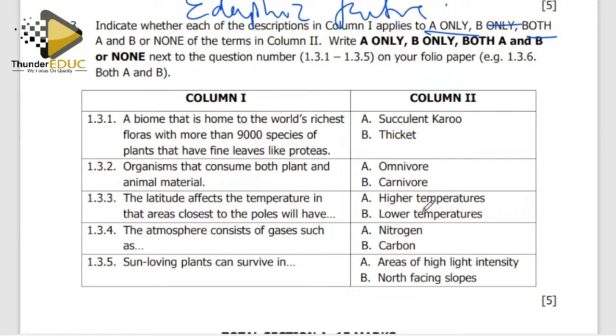So how do we call that biome? They're saying protea, so it's none of this. So the answer is none.